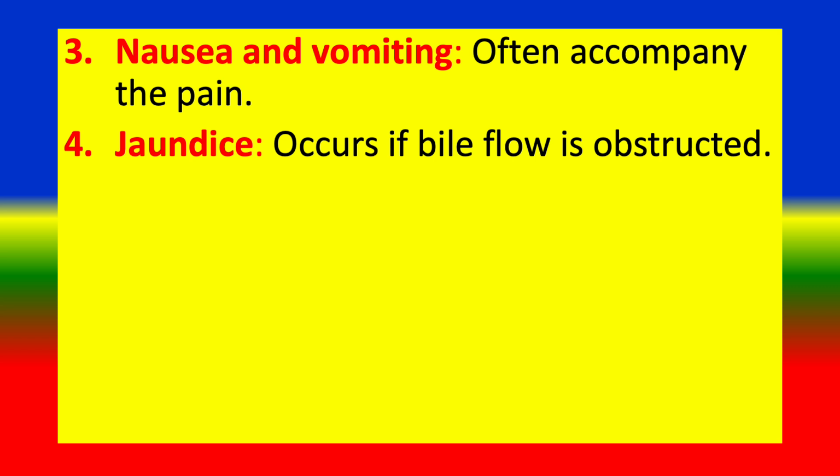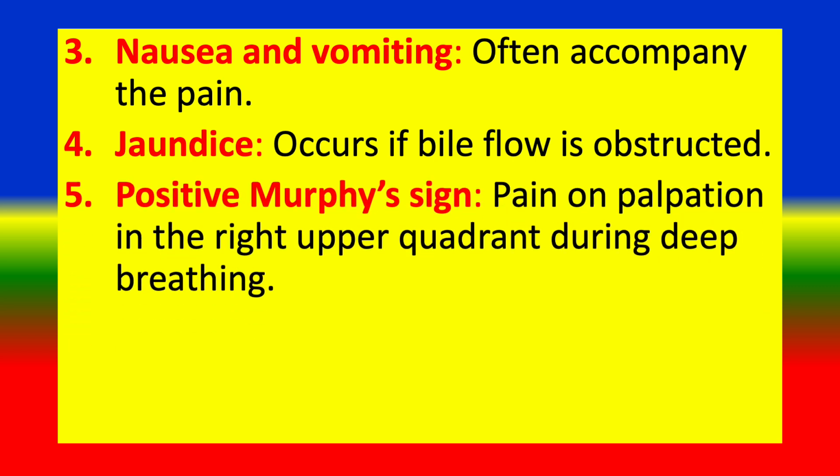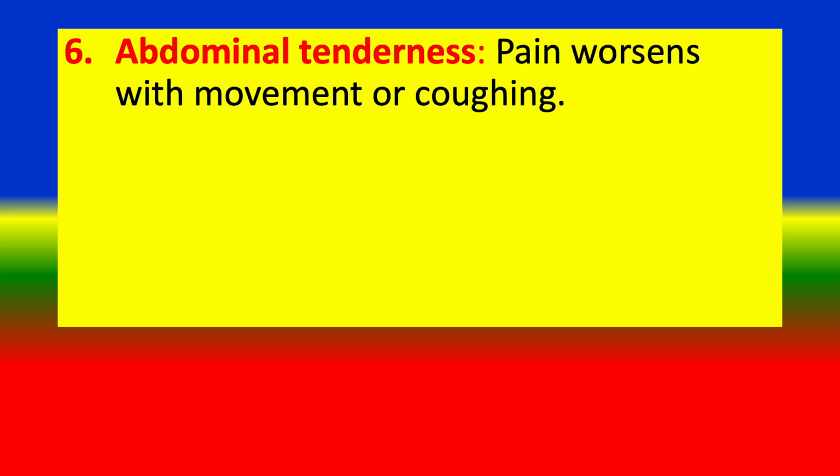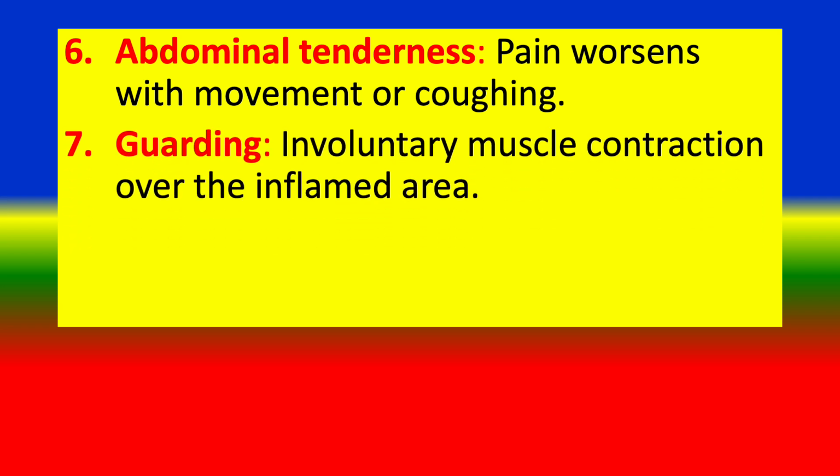Jaundice occurs if bile flow is obstructed. 5. Positive Murphy's sign, pain on palpation in the right upper quadrant during deep breathing. 6. Abdominal tenderness, pain worsens with movement or coughing.